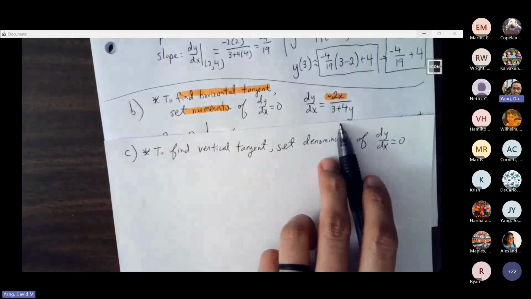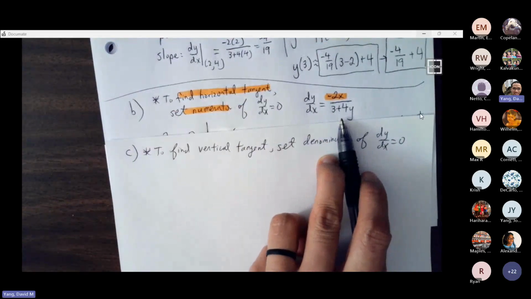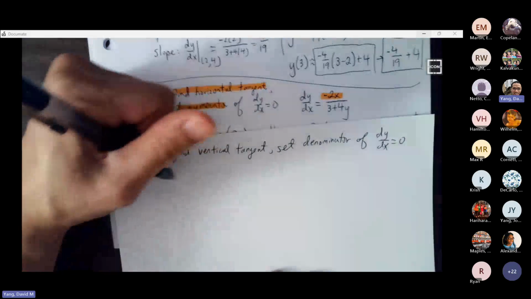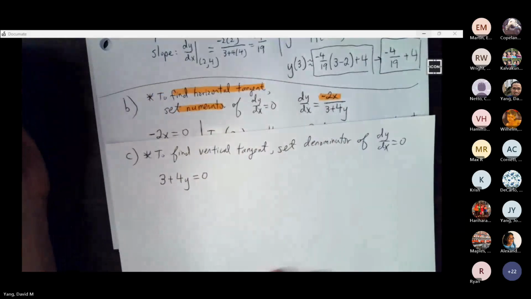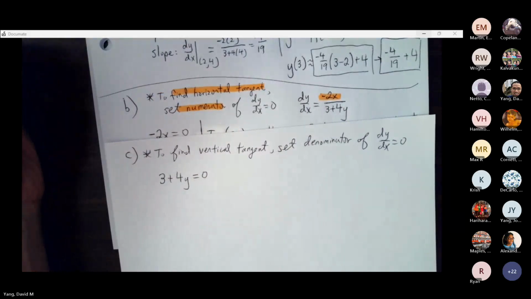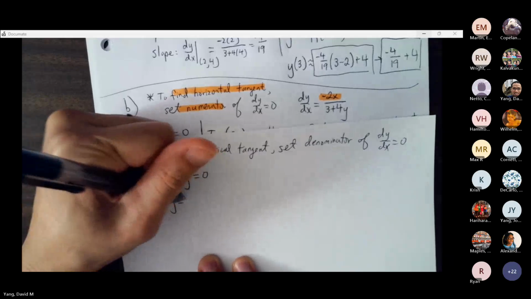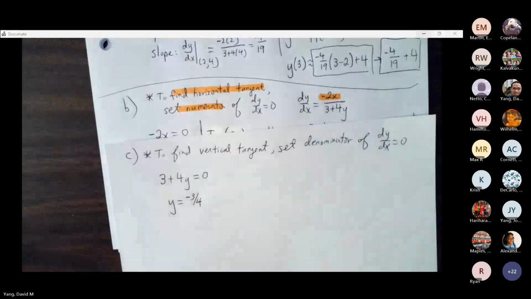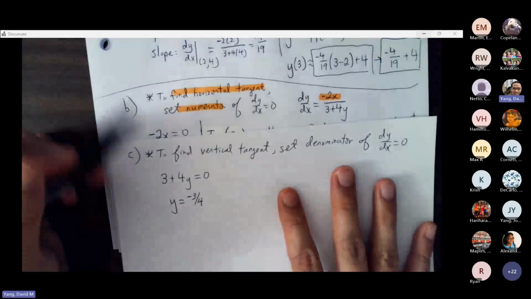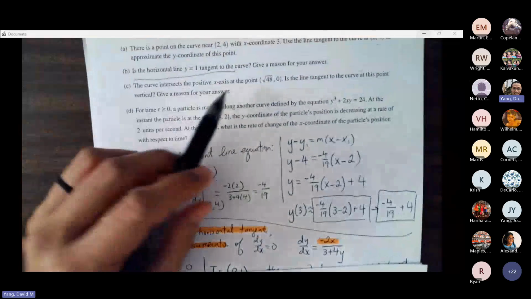So there's my derivative equation. I locate my denominator. I'm going to set that equal to 0. Oh, sorry. Yeah, we could do it this way, or they're actually giving us a point.